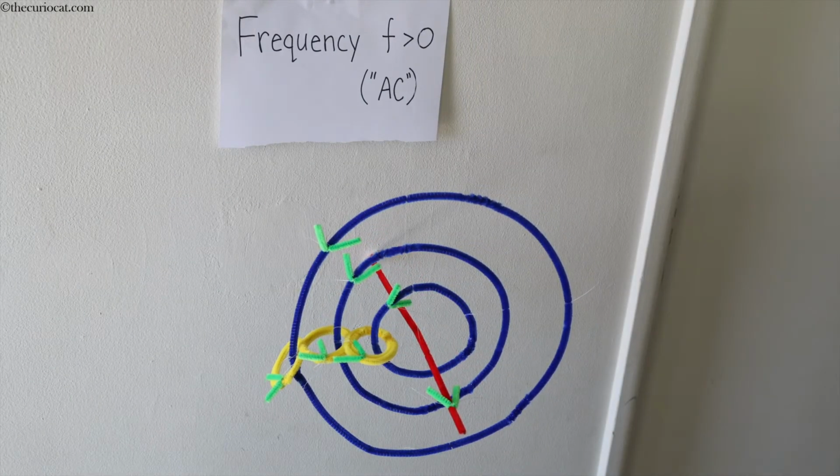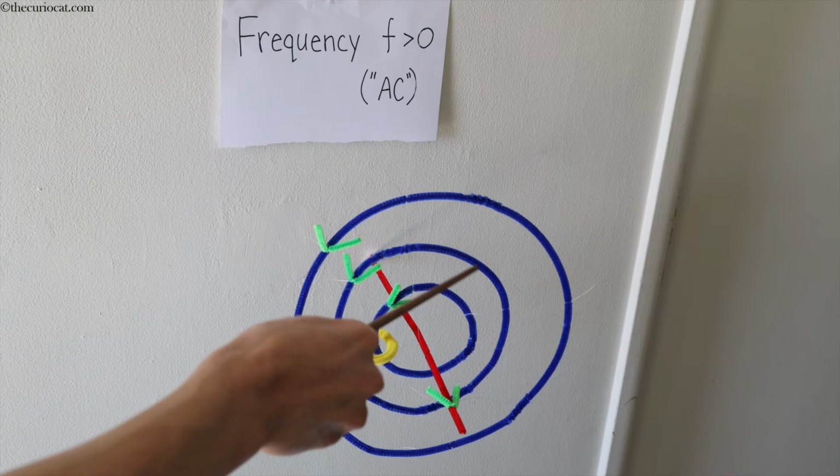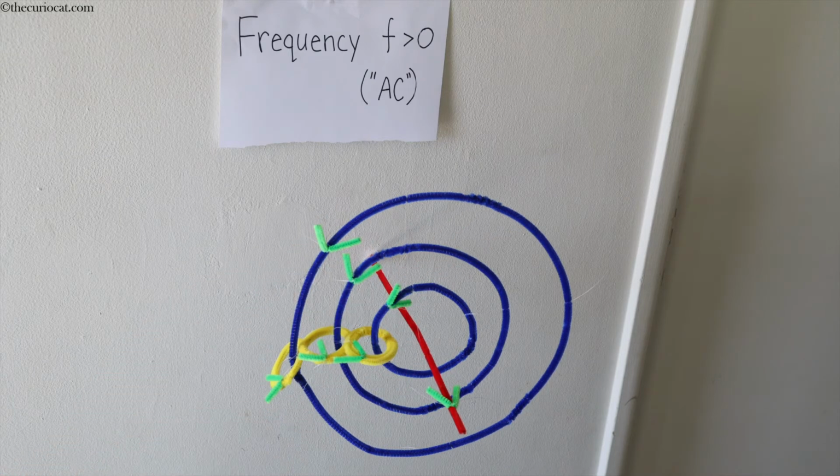Like with the previous model, this model also demonstrates Ampere's law because the electric current creates a curling magnetic field. However, this model also demonstrates Faraday's law.